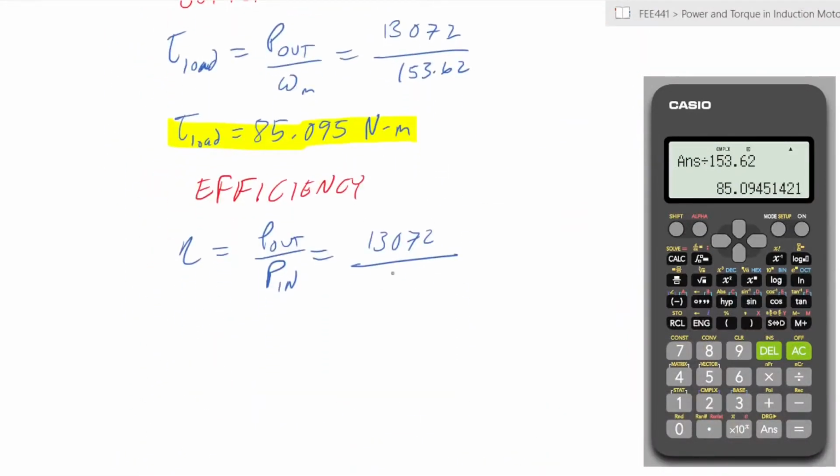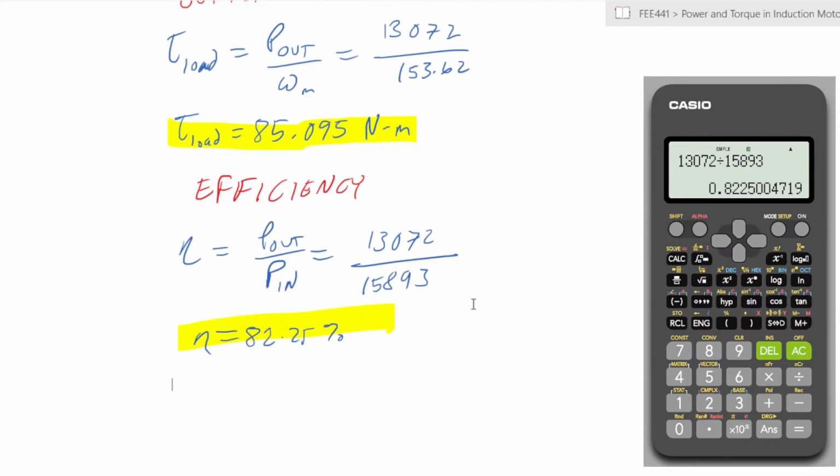So 13,072 divided by 15,893 gives us about 82.25% efficiency. That is a bit of analysis that we can do on induction motors.